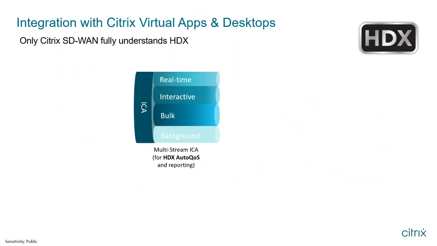So as we kind of showed earlier, this is the only solution where if you have significant Citrix virtual apps and desktops present, we can understand the insights in that protocol. As you all know, likely, ICA, HDX is really the transport protocol of choice.